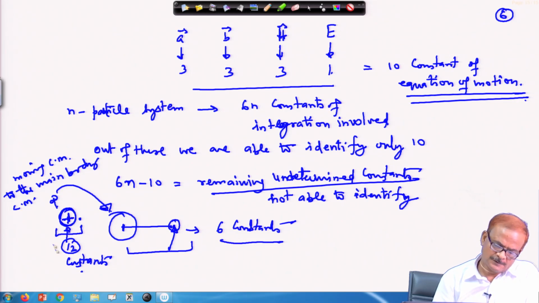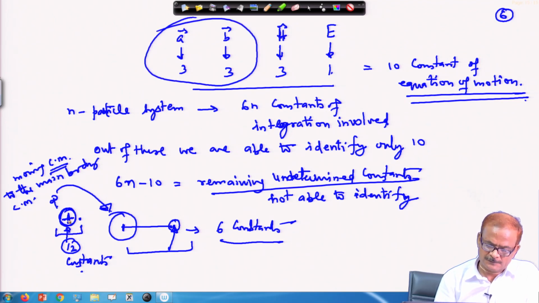The center of mass motion already involves 6 constants, so 6 constants are identified, and thereafter you are left with finding the parameters related to the orbit of this particle, because you are assuming that the center of mass coincides with the heavier body, the other one being very small, whose mass is negligible compared to the primary body.